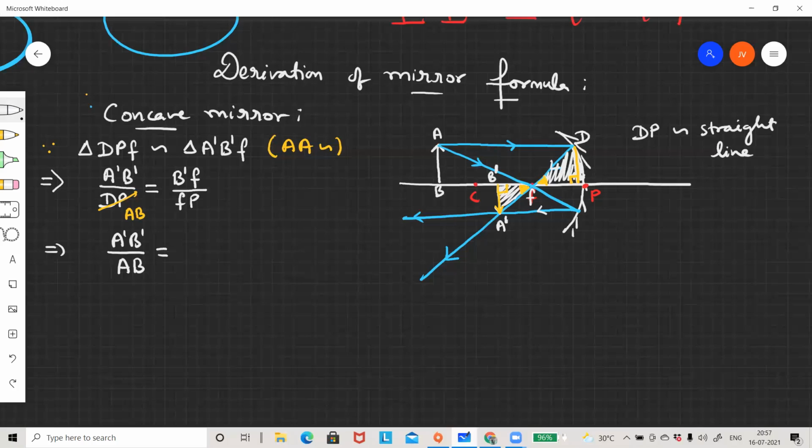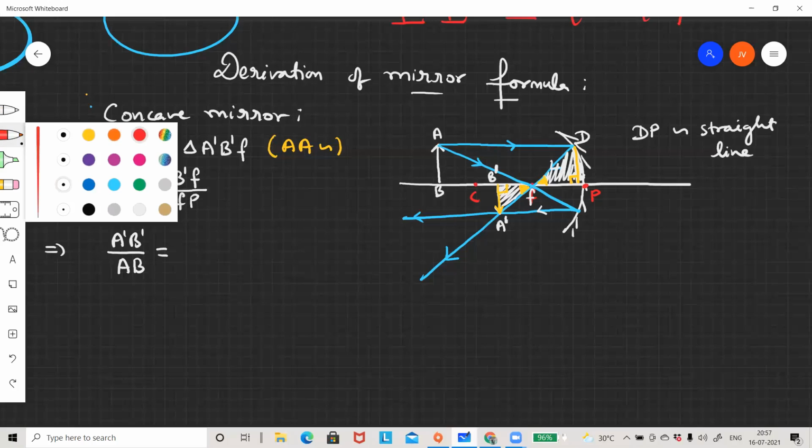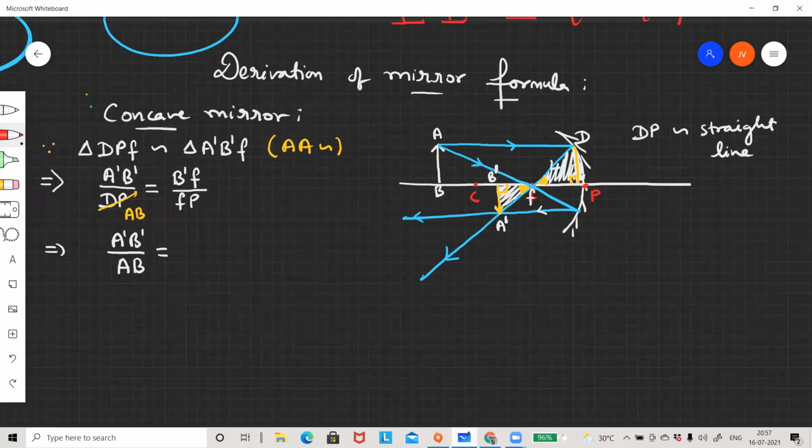If you see what is B prime F, see, the FP distance is the focal length. Okay, so though I'm writing there also small letter f, here also small letter f, I'm showing you symbolically that this is the focal length, and that F is a point. Okay, and B prime P is the image distance, the distance between pole and image.